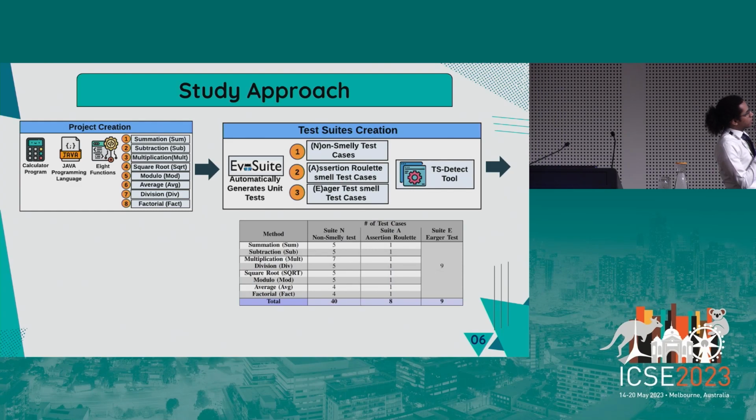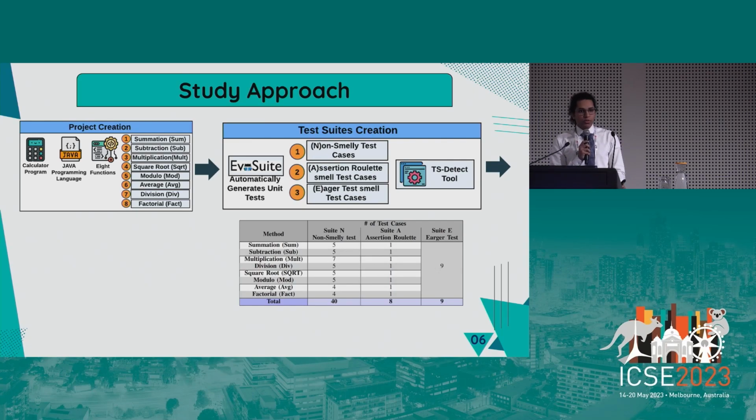The first, non-smelly, has 40 test cases, and assertion roulette has 8 test cases. In assertion roulette, we have 1 test case that combines all 5 assertions for addition, subtraction, etc. And we have the third suite, which is eager test, which has 9 test cases.